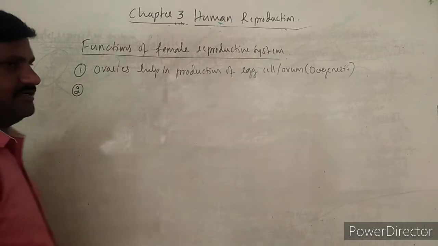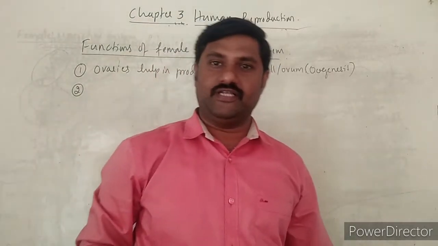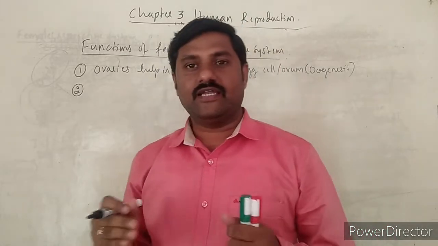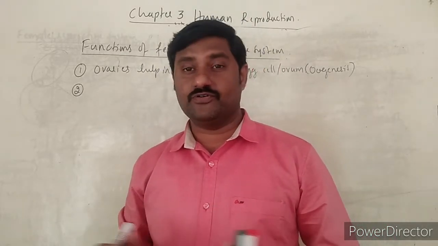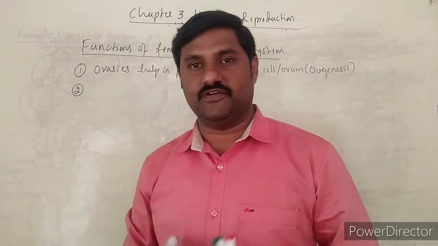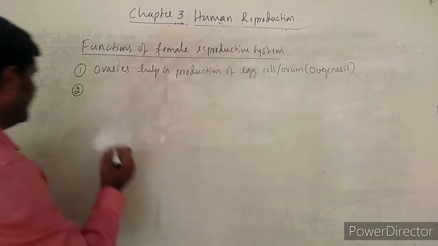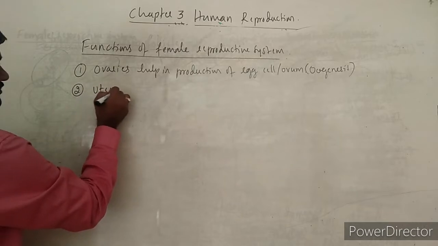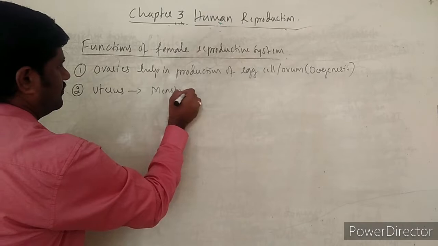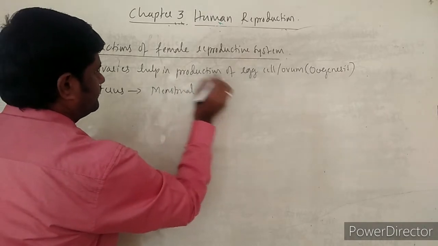And the second function is, the uterus is also a major part of the female reproductive system that helps in many functions. Of course, the menstrual cycle is one of the functions, right? So the uterus helps in the menstrual cycle.